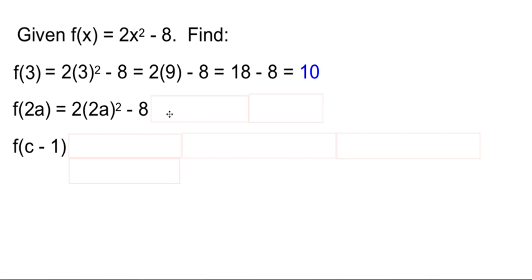We excuse our dear Aunt Sally. 2a squared, 2a quantity squared, is 2a times 2a, which is 4a squared. 4a squared times 2 is 8a squared minus 8. They're not alike terms. We can't collect them. So that's as far as we can go.